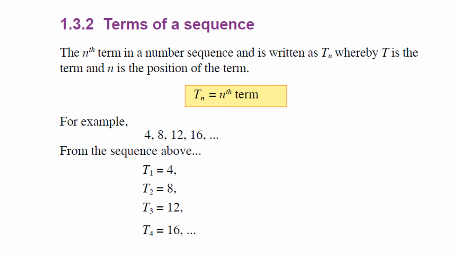For example, 4, 8, 12, 16, and so on. From the sequence above, T1 equal 4, T2 equal 8, T3 equal 12, T4 equal 16.